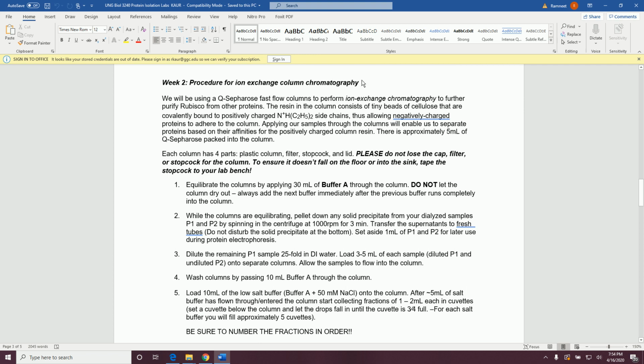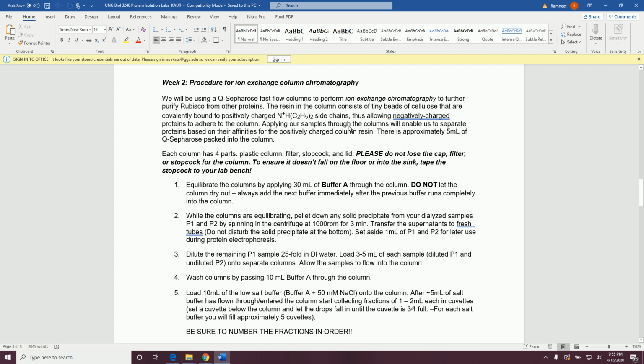It works on the principle that in the column there is a resin, and the resin has beads which are made of cellulose, and these beads are covalently bound to positively charged side groups, so that when we pass the mixture of these proteins over this column, because this column is positively charged, all the negatively charged proteins will bind to the column. And Rubisco is a negatively charged protein.